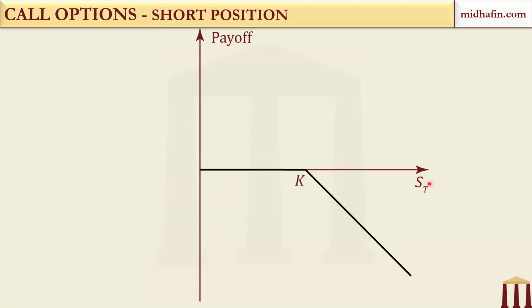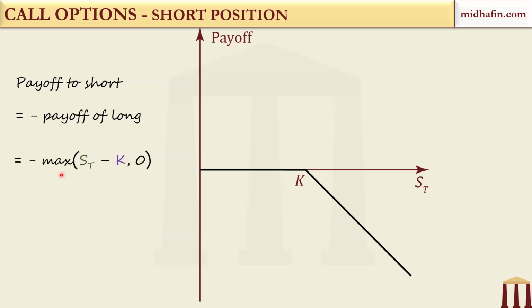I always tell my students that when you start studying options, you should only consider the perspective of long position and simply negate it, the additive inverse, basically negative of long, and remember everything from that perspective. So payoff to short is equal to negative of payoff to long, which is negative of max(ST minus K, 0).